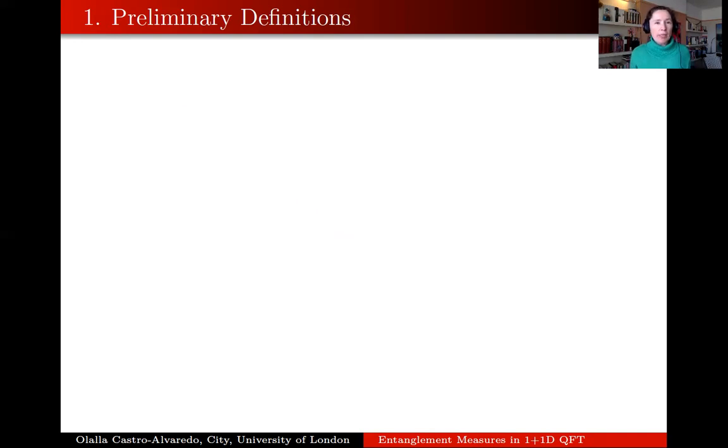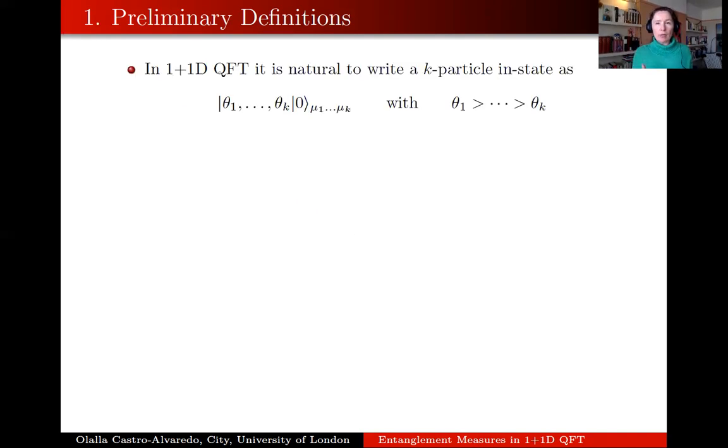So let's start with a preliminary definition. I'm going to go through this relatively quickly. If you are not so familiar with 1+1D QFT, there are some references that I have recommended with this course that you can look at. But roughly speaking, what we need first of all is a description of the states. In 1+1D QFT, it is natural to write k-particle states in terms of rapidities rather than momenta.